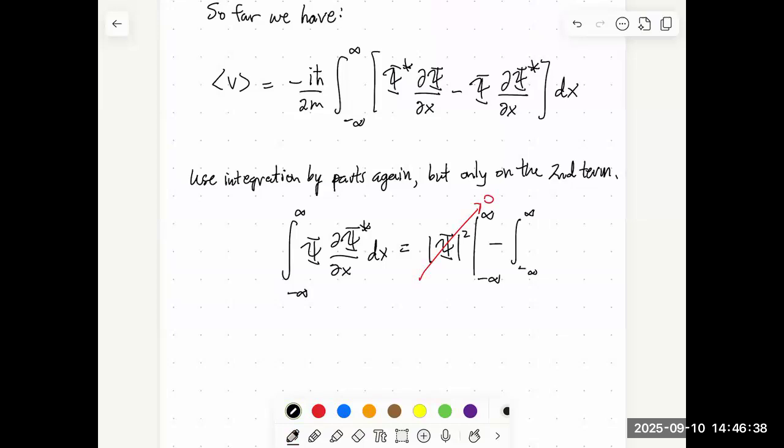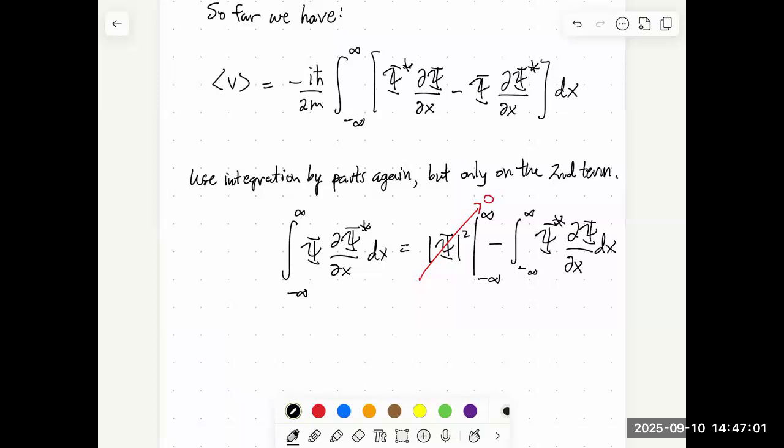But if dv is this, then v is just phi star. And du is going to be d phi dx dx.